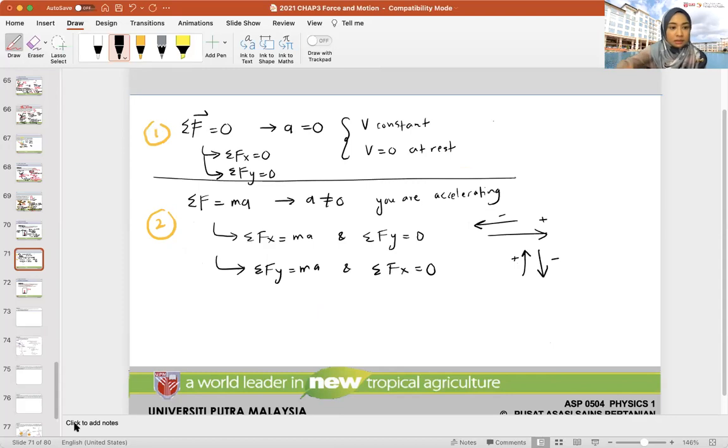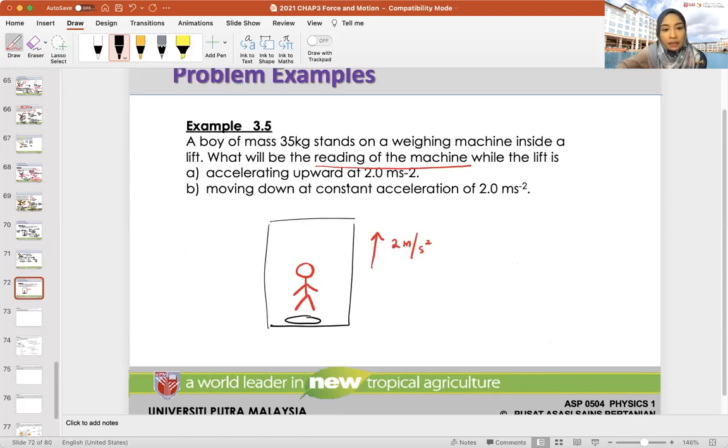Now next, okay. The second one is moving down at a constant acceleration. So now the lift is moving downwards. It is 2 meters per second squared. Tadi kita going upward. What will happen to our reaction force? It's the same case. But now we have acceleration going downwards. So R, because the boy is on the ground.